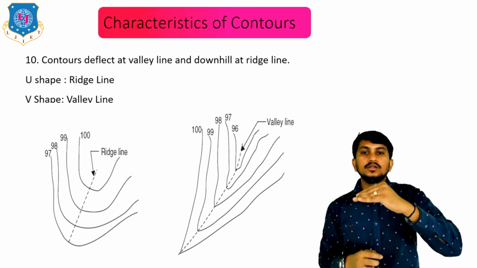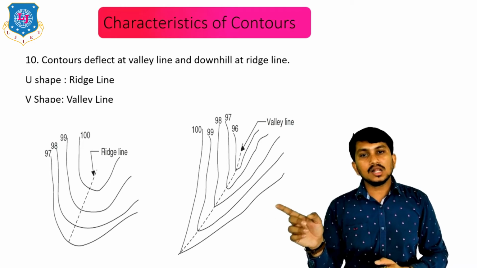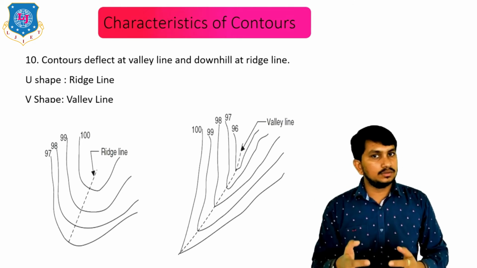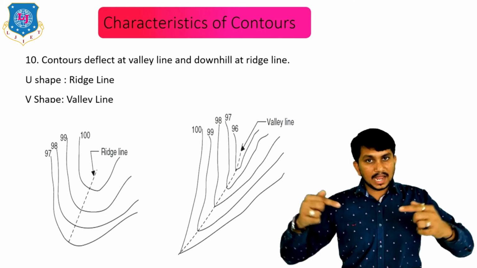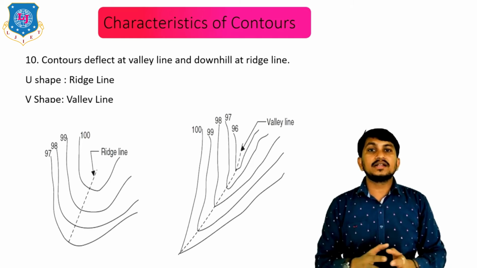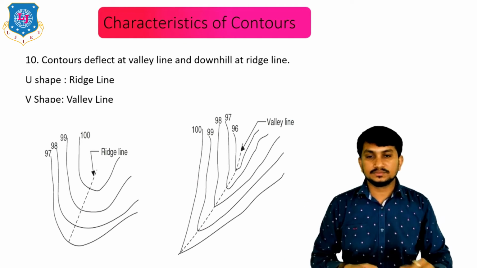If you draw the contour map for a ridge line, all contour lines have the shape of U. So if you observe U type or V type contour lines in a contour map, you can clearly identify that this is the ridge line and this is the valley line.